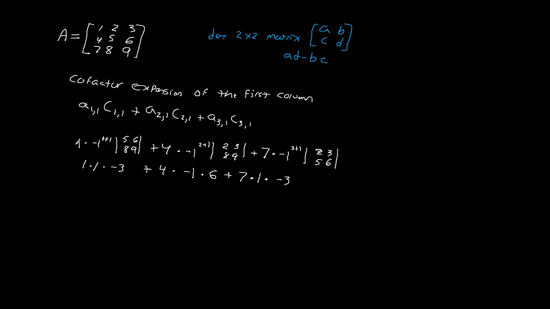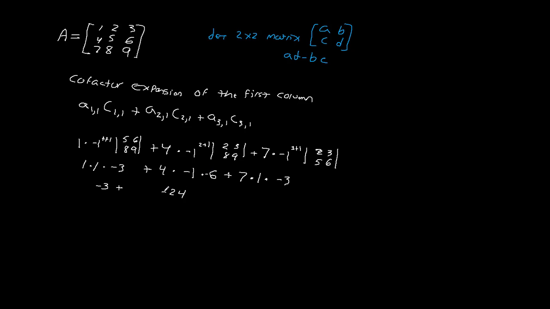So all I've done is compute the determinant and make it positive or negative based on the power. So I'm going to do the multiplication. That's negative 3, plus, 4 times negative 1 times, I'm sorry, that should have been negative 6.